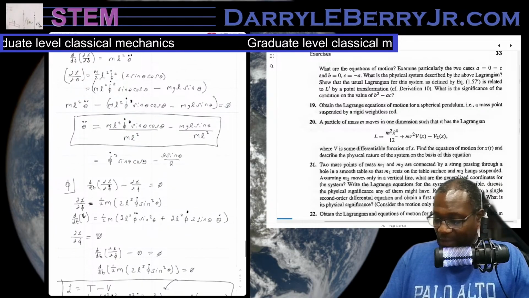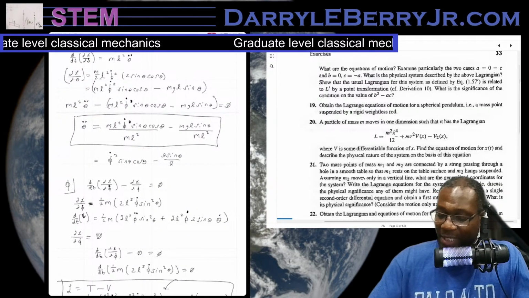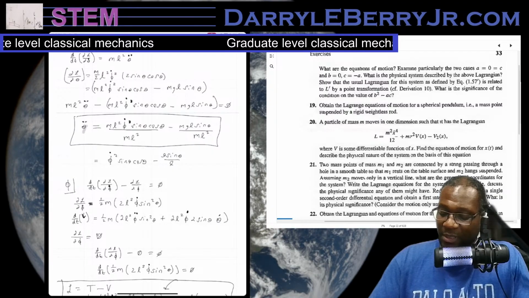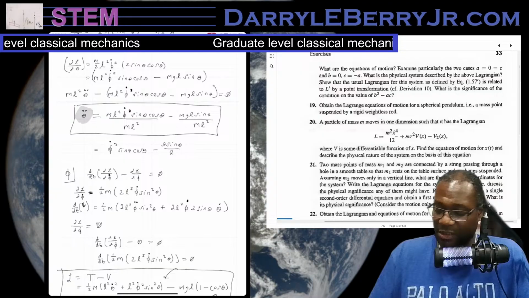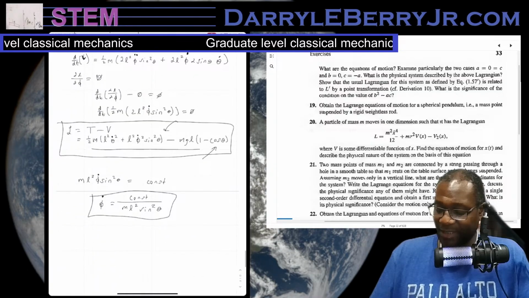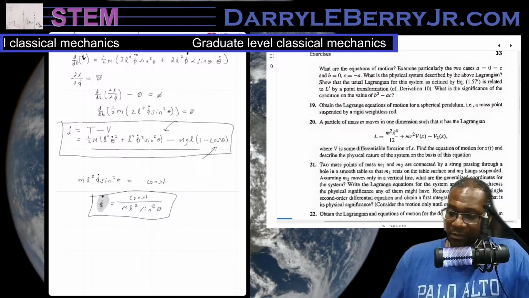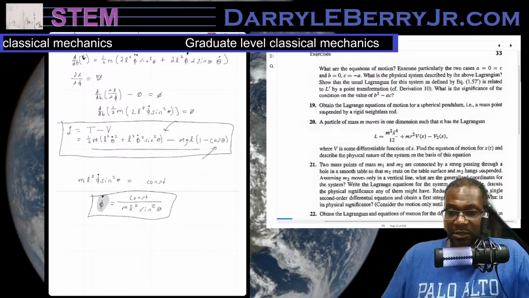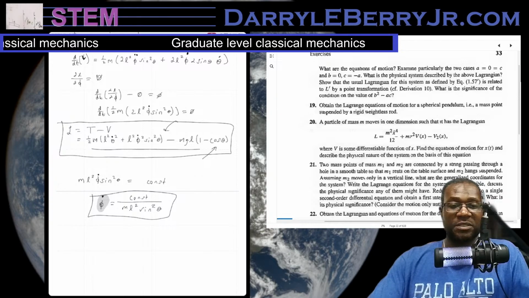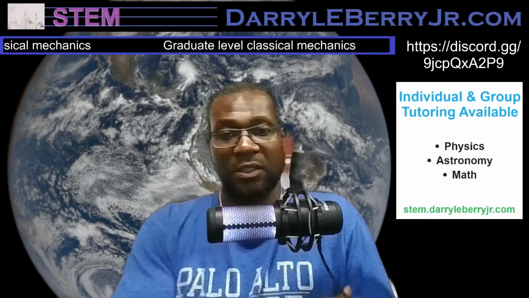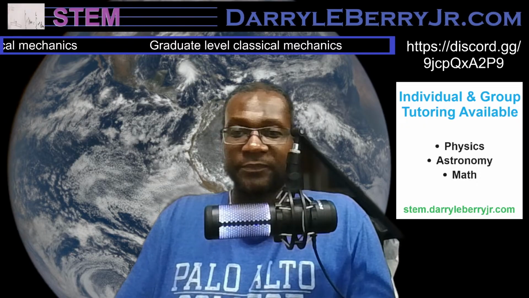Theta does have a double dot because it slows down and speeds up. But phi does not, because there's no force in the azimuthal direction. So those are the equations of motion. That's an example of using Lagrange equations to get equations of motion for a three-dimensional pendulum.